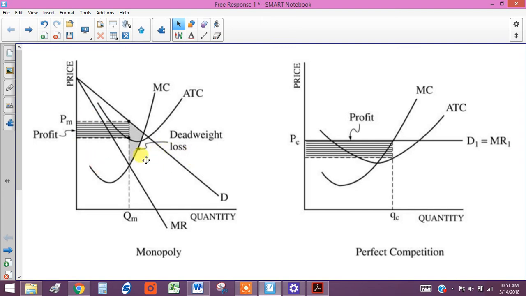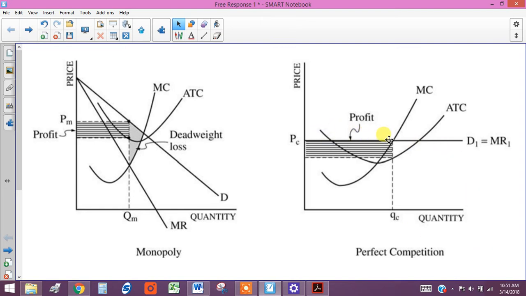So you could probably make the assumption that in the long run, this monopoly will continue to enjoy positive economic profits.